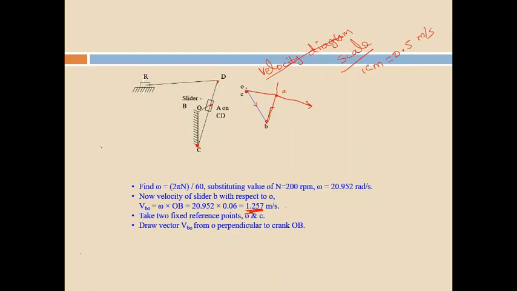So CA divided by CD will be equal to small ca divided by small cd, or ca divided by ad. We can write like this. This is also correct. Otherwise we can write ca divided by ad equal to small ca divided by small ad.